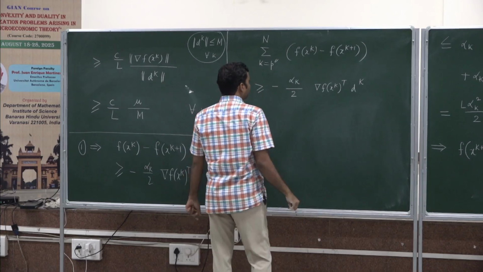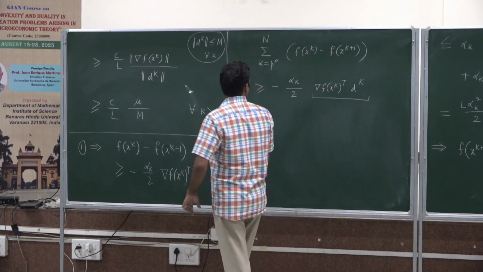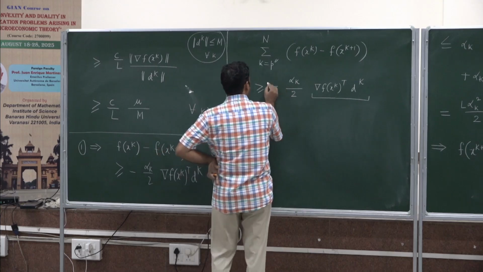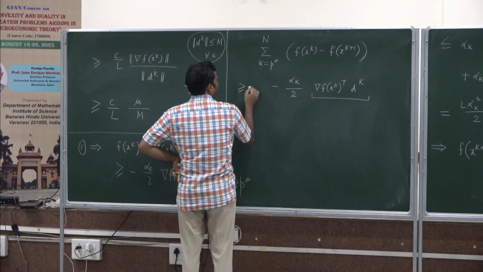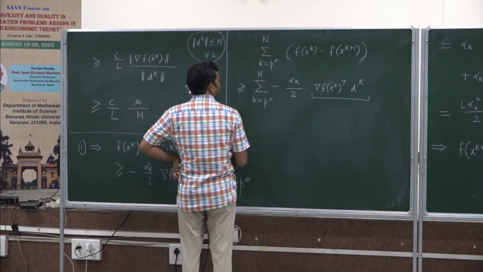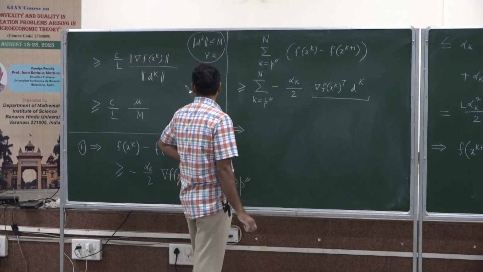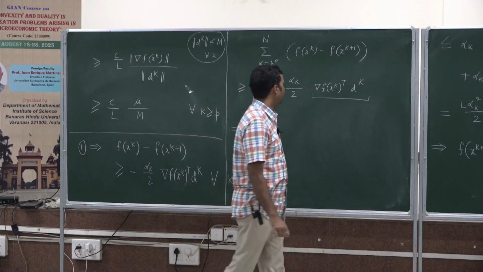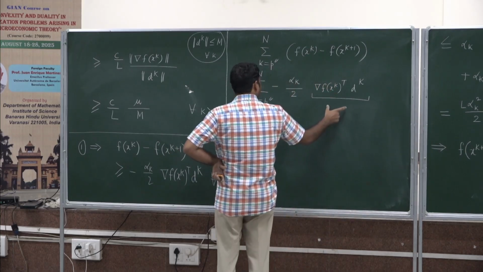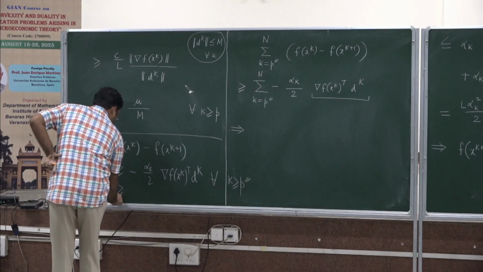And notice that this term, if I sum it up, greater than or equal to, k equal to P double dash to capital N, this term, instead of keeping it over here, we can even simplify it.